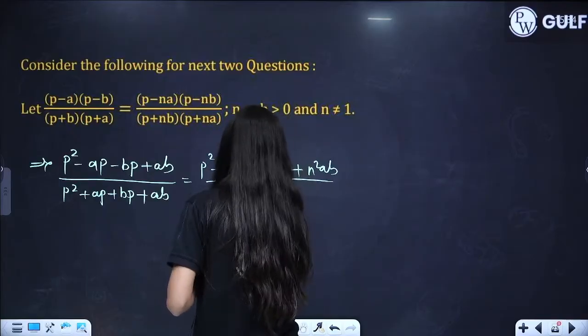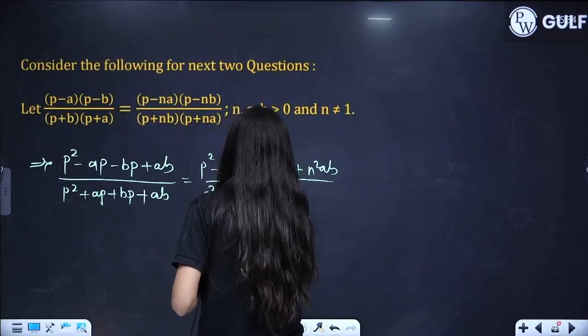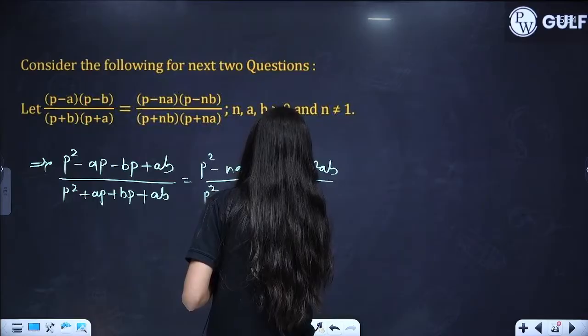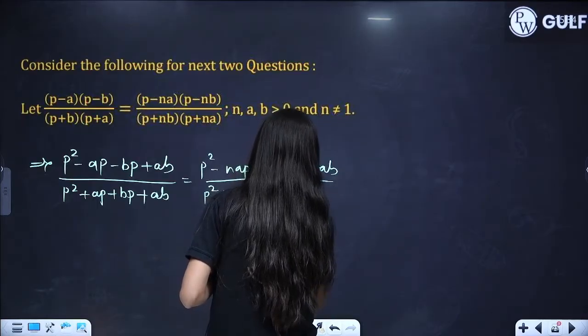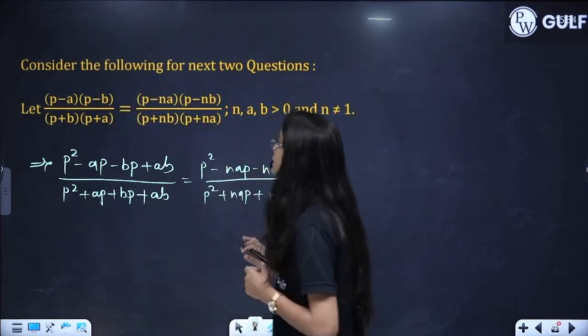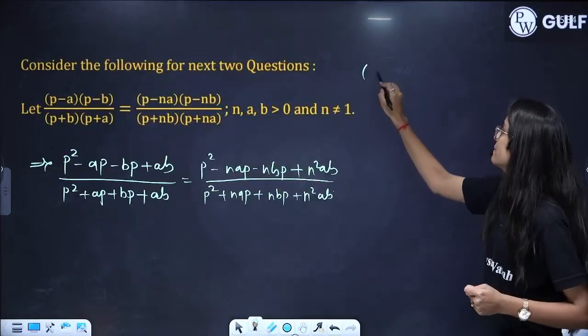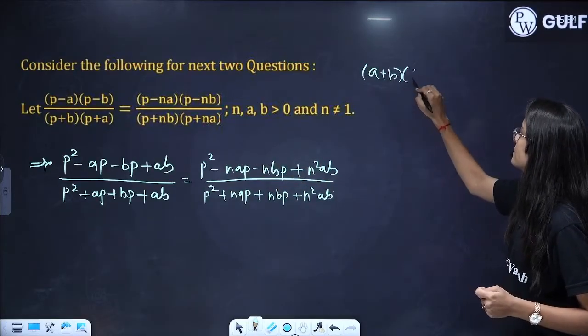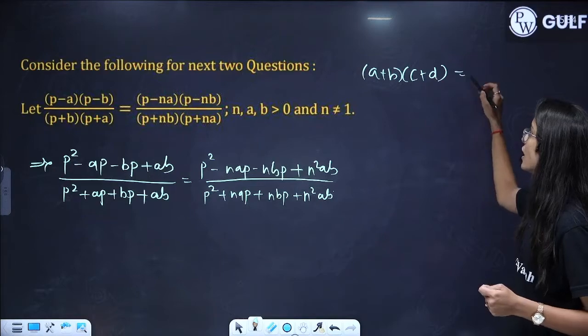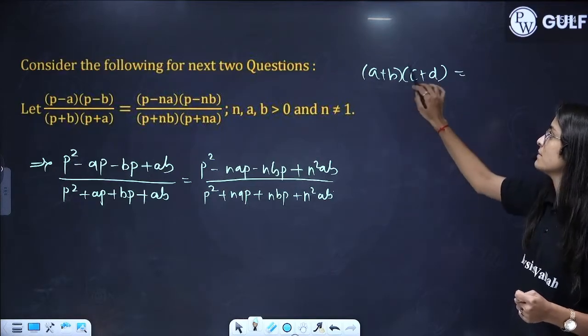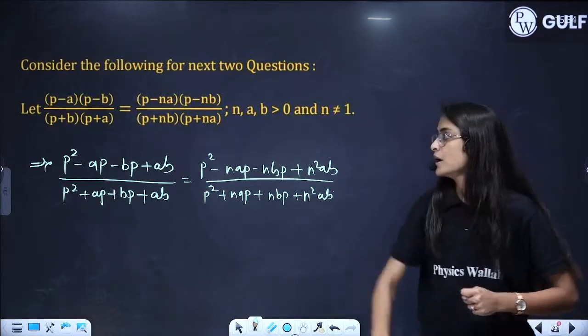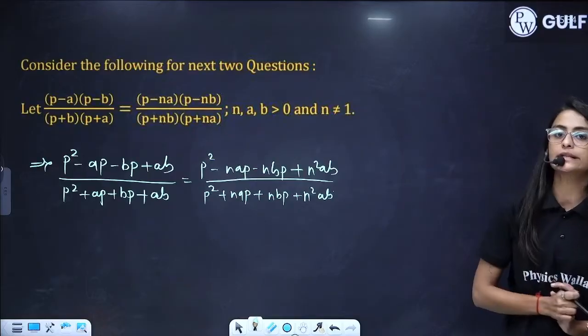In the denominator, you are having p square plus nap plus nbp plus n square ab. Here I have used the multiplication of a plus b multiplied by c plus d. You know how the multiplication goes: ac, ad, bc, bd. Now we cannot solve this further directly, right?